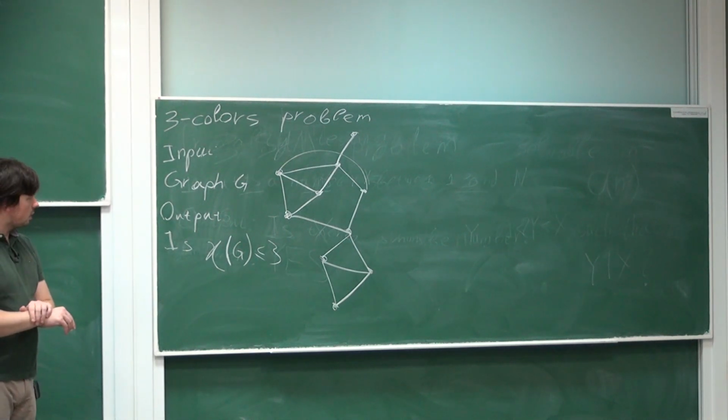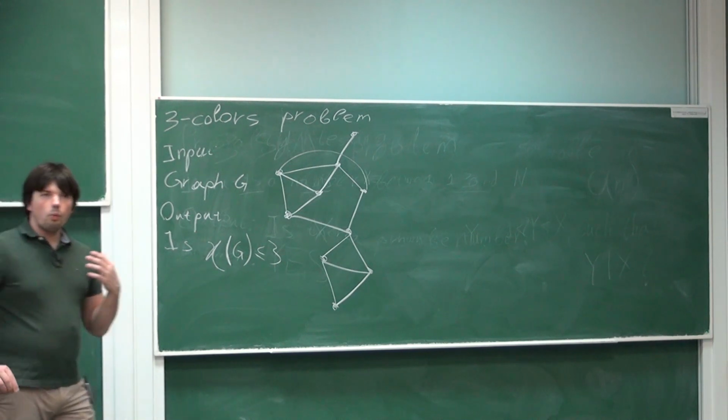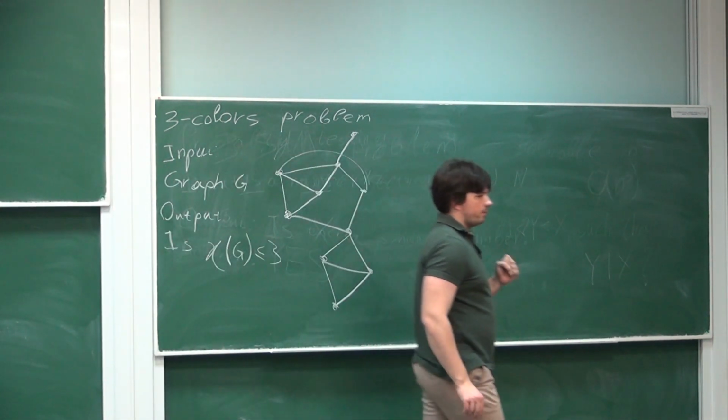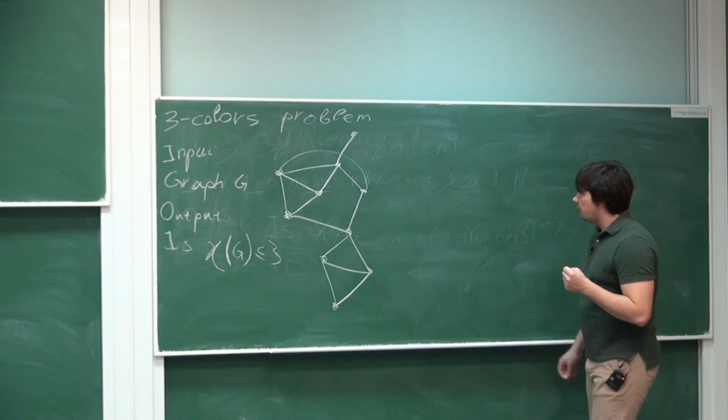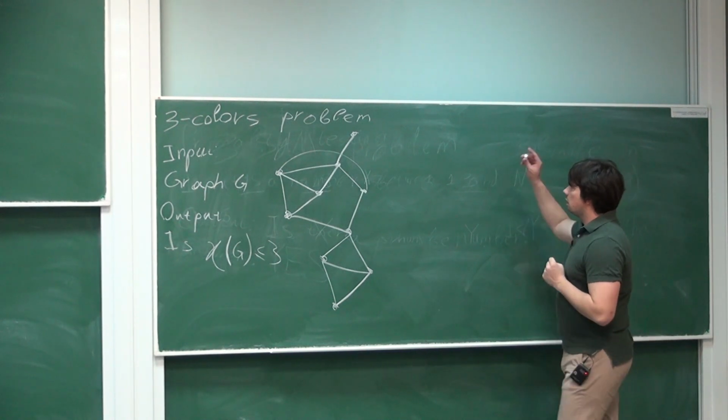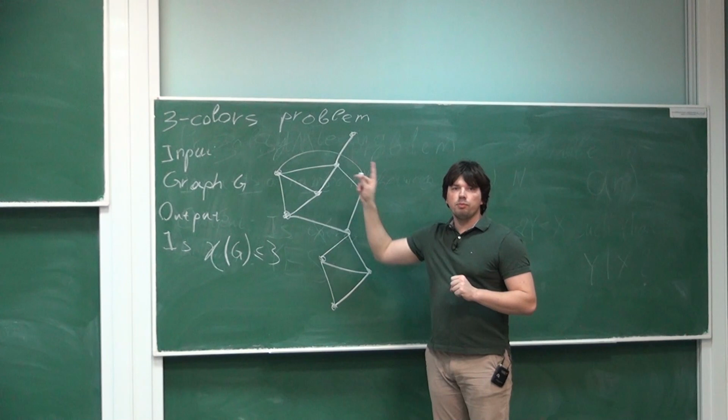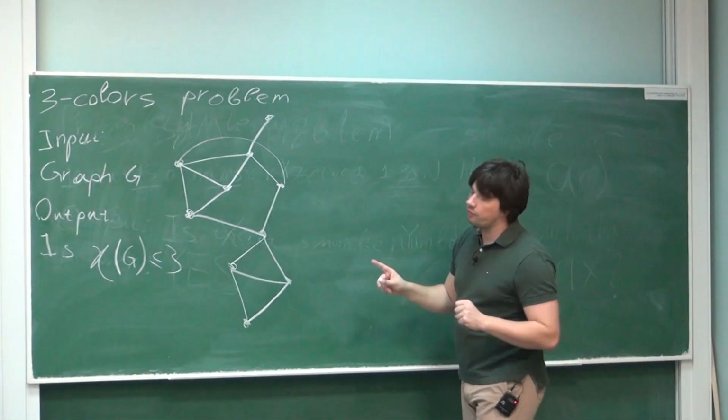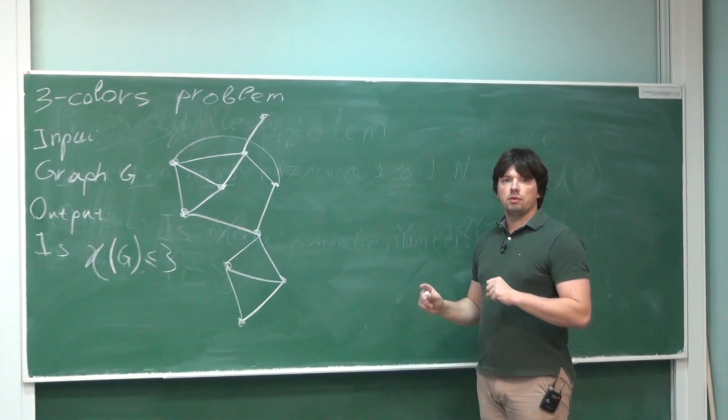So, one way to solve this problem would be to just try all possible colorings of this graph, right?